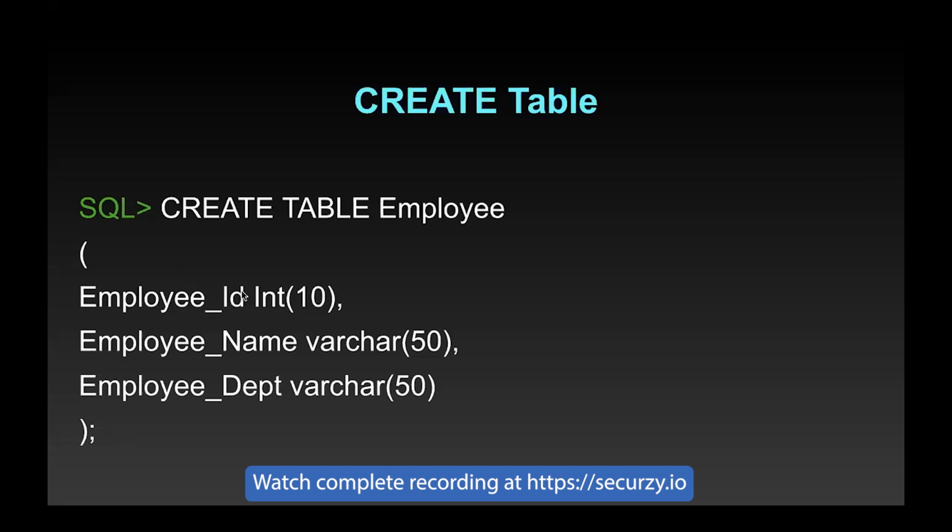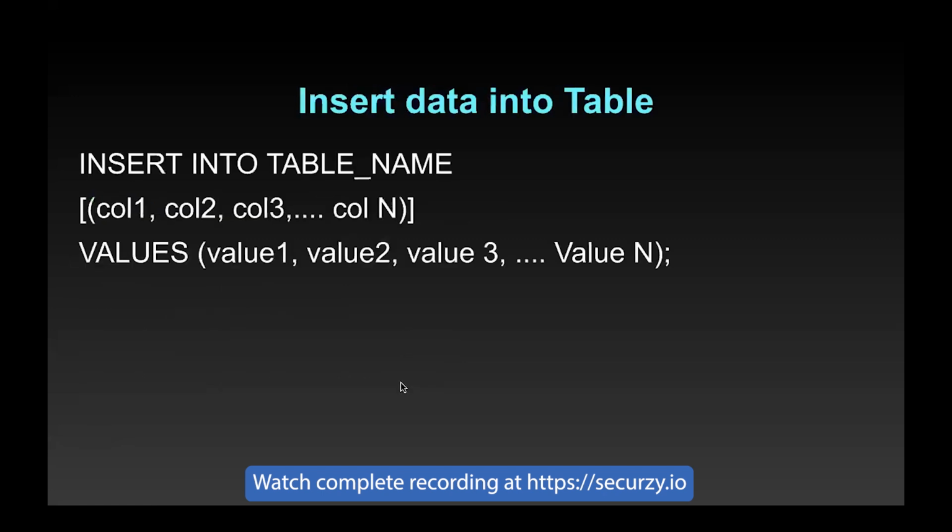I want employee ID to be an integer value which shouldn't be more than 10 digits. Employee name, I am selecting to be a varchar. It can be a mix of numbers and letters. It shouldn't be more than 50. Similarly, for department, the length should not exceed 250 characters.